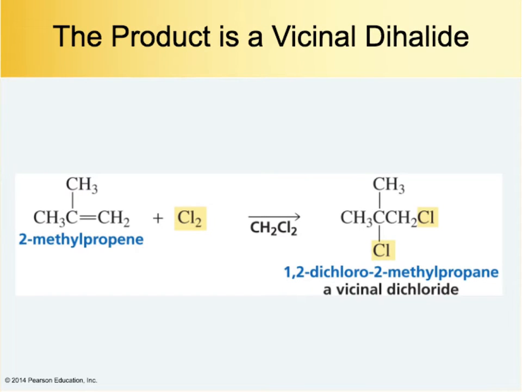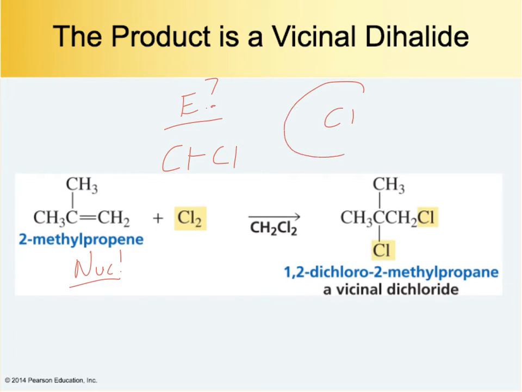But this is kind of difficult to think about, because we've been talking about the pi bond as our nucleophile, but that would mean that something like Cl2 would have to be the electrophile. And that's maybe weird to think about. We think about chlorine being very electronegative. But don't forget the size of our chlorines or our bromines.